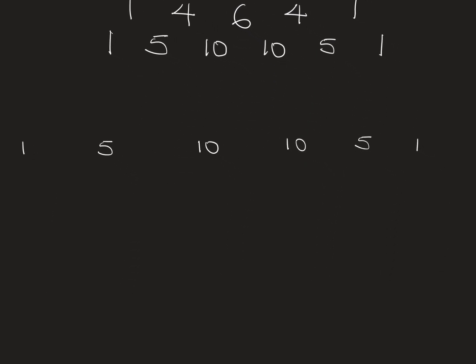So that is going to be 1 into 3a into minus 2b, 5 into 3a into minus 2b, 10 into 3a into minus 2b, another 10 into 3a into minus 2b, another 5 into 3a into minus 2b, then another 1 into 3a into minus 2b.